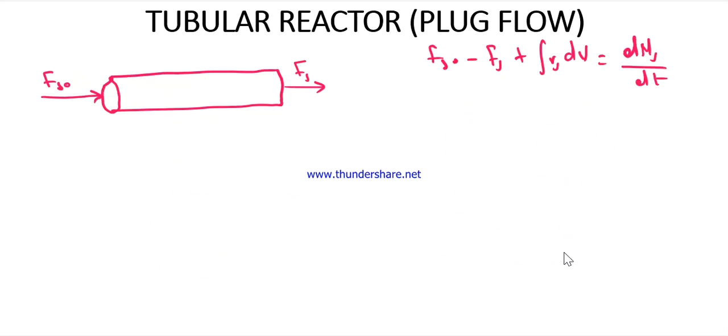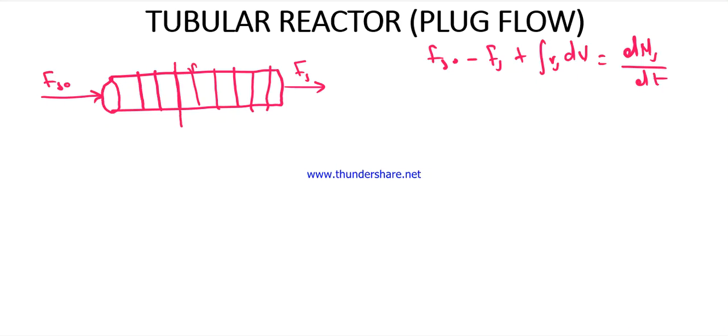Tubular reactor is another type of reactor, also called plug flow. It looks like this. The species J goes into it and it reacts along the length of the reactor, so it varies along the length of the reactor before it goes out as Fj. To perform a reactor design for this kind of reactor, we often take a subvolume.